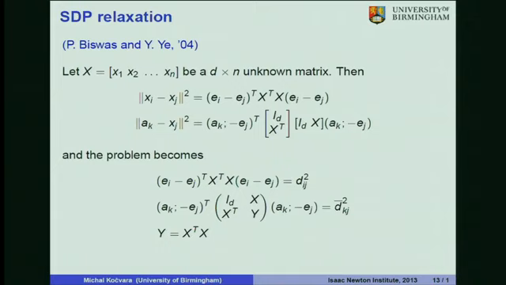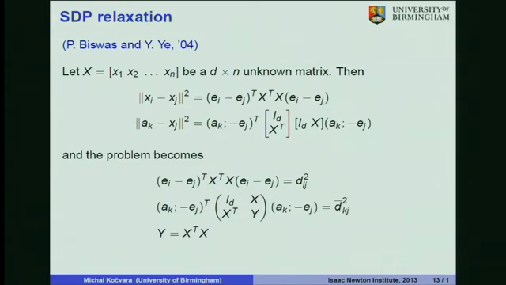It was shown, almost 10 years ago by Biswas and Ye, that it can be formulated as an SDP problem with a rank condition. How is that done? I just define a rectangular matrix, capital X, in which I put all the coordinates.